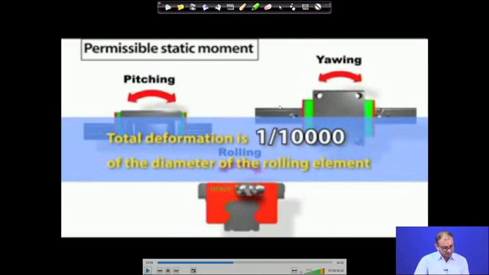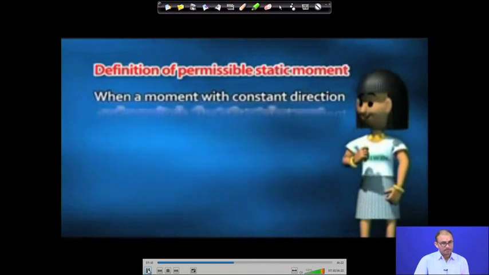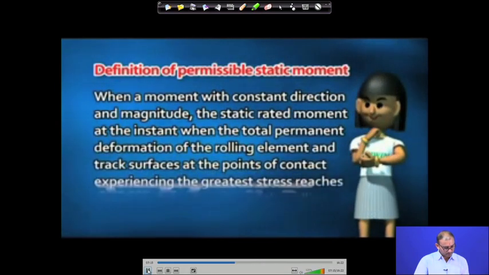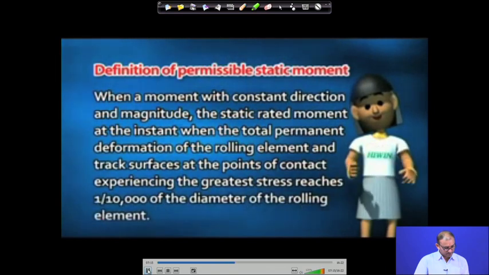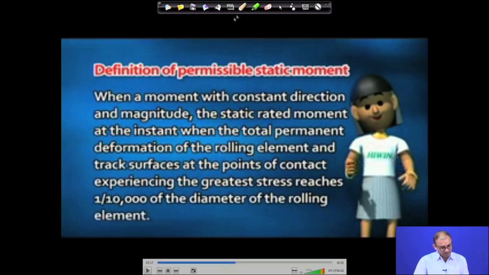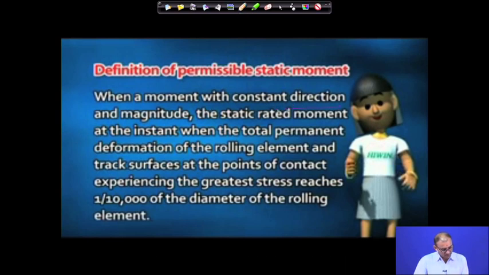So, under this condition also the same thing: if the deformation is 1 of 10,000 of the diameter of the rolling element. Right. Same thing here, but instead of the constant direction load, we are considering the moment of constant direction and magnitude.